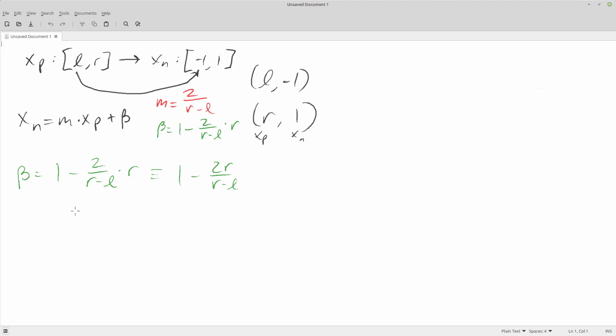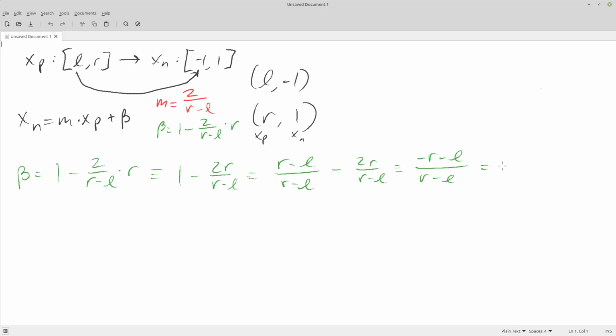So we multiply that 1 by r minus l. So we get r minus l over r minus l minus 2r over r minus l, which would be r minus 2r, which would be negative r minus l over r minus l, which really would be negative r minus l. I forget what form it needs to be in.